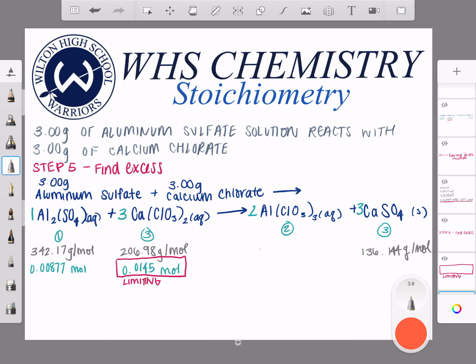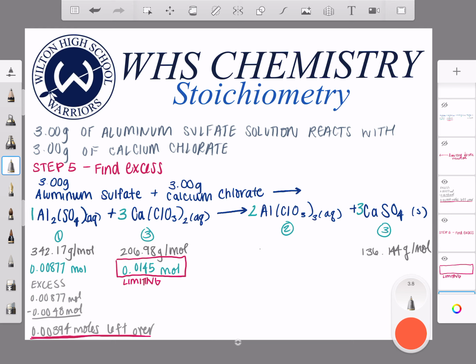So in order to find that excess amount, we take the 0.00877 moles of aluminum sulfate and subtract the 0.0048 moles of calcium chlorate, and we can determine that there will be 0.00394 moles left over in the reaction.